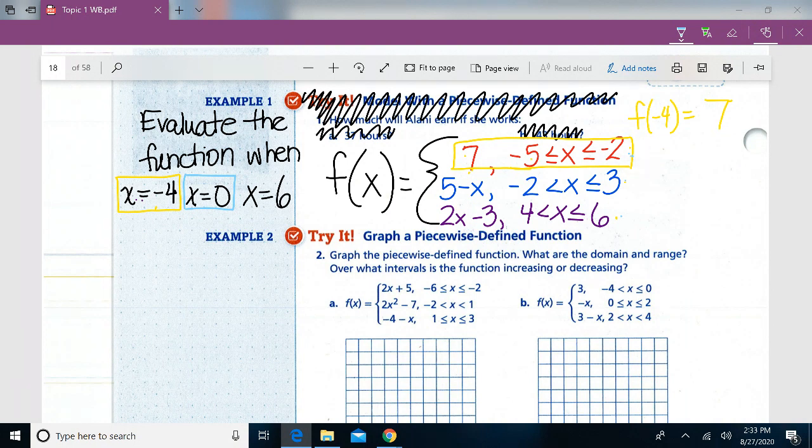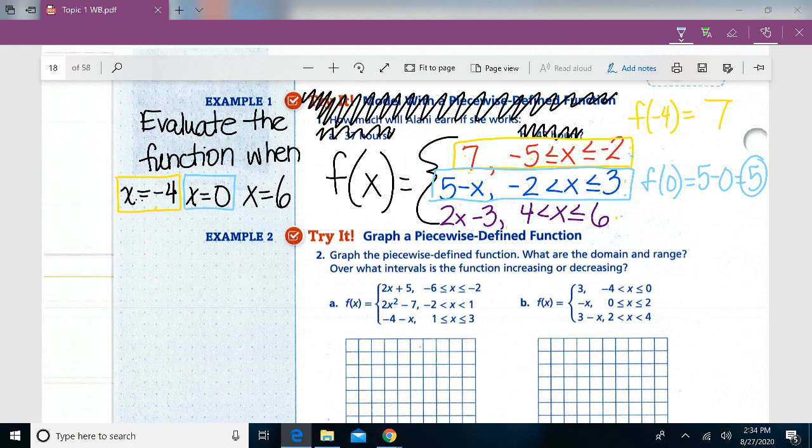No. Is 0 between negative 2 and 3? Yes. So I will use this formula because that 0 is between negative 2 and 3. So I will come over here and say that f of 0 equals, and I take the formula 5 minus x and substitute in a 0 for the x. So 5 minus 0, which is 5.